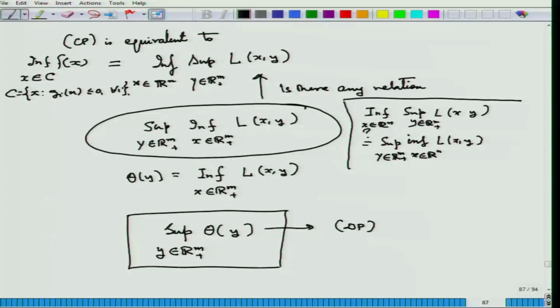So, this is sometimes called the value of CP, the minimum value of f, and this is called the value of DP, the dual problem. The major question is, this is quite a tough question, you cannot figure out immediately whether this will be equal or not.